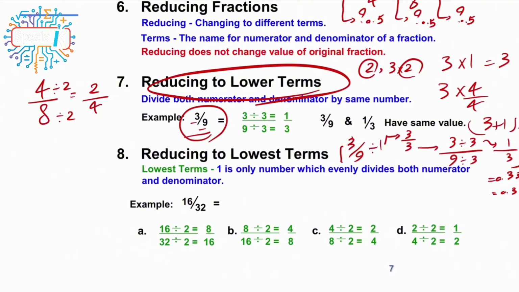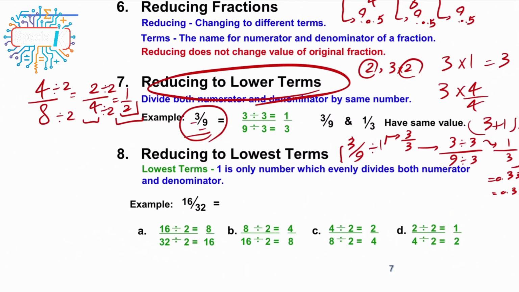But can I keep going? Can I make it the lowest term, try to find numbers where I can't do the division anymore? The answer is yes. 2 over 4 can be divided by 2, divided by 2, giving 1 over 2. It means that 2 over 4 is a lower term. 1 over 2 is the lowest term. So these are two different terminologies.